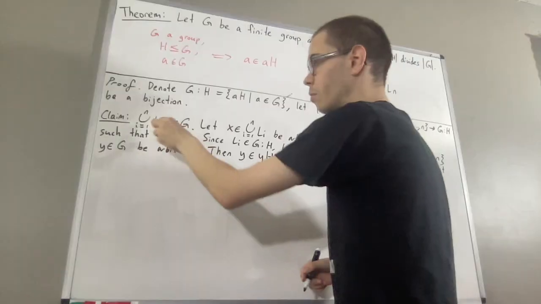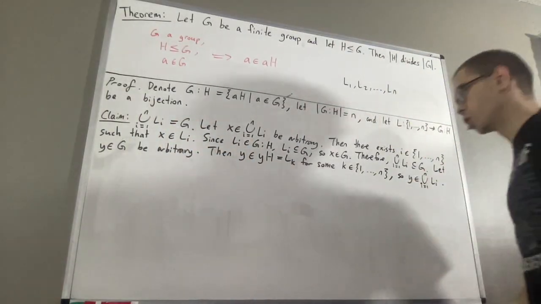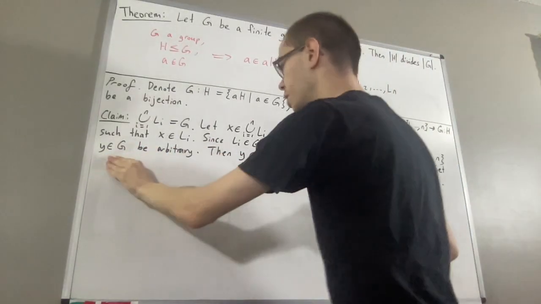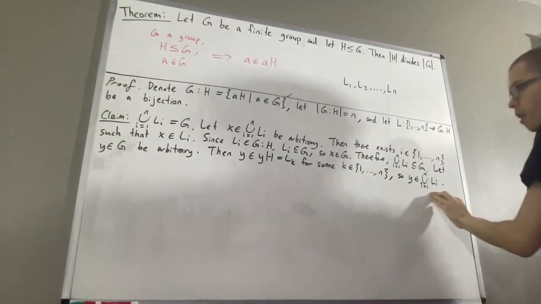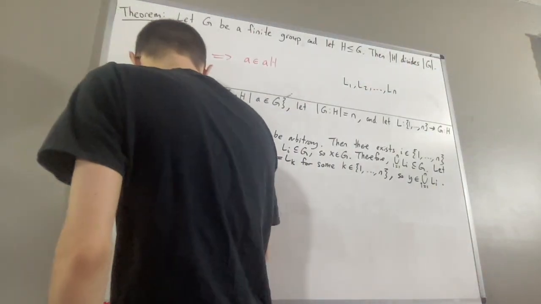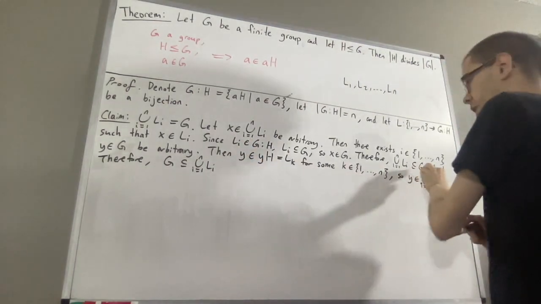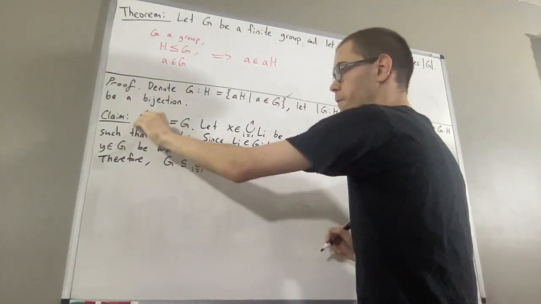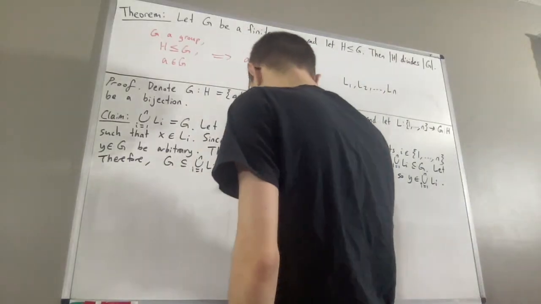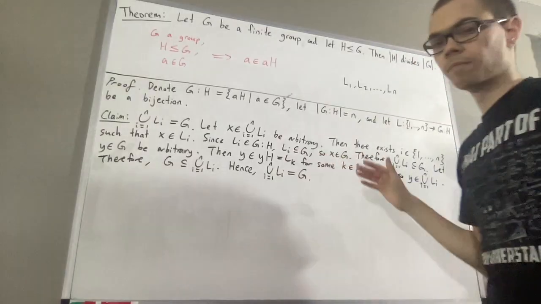Therefore, y must be an element of the union itself. So this shows if y is any element of G, then y must be an element of the union, and therefore G is a subset of the union. So the union is a subset of G, and G is a subset of the union, therefore these two are equal. So this proves our claim, and it's going to be useful.